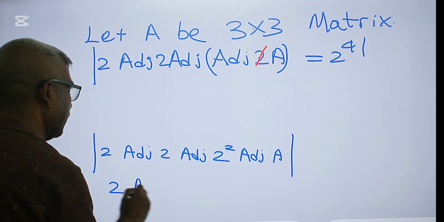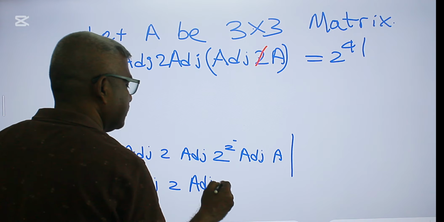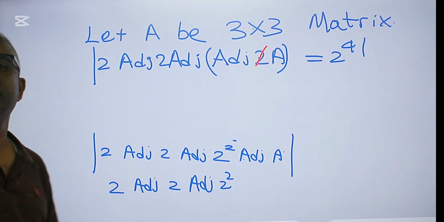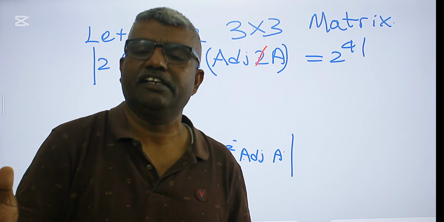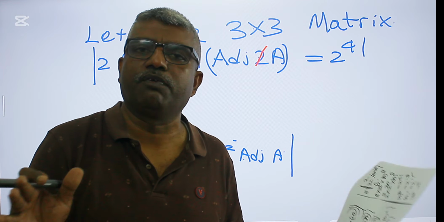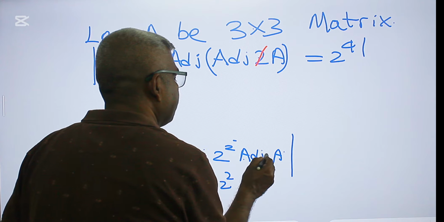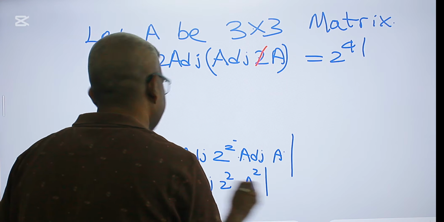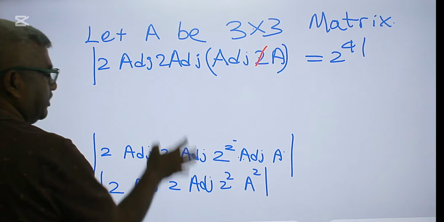So 2 square is 2 square only. This adjoint A, if you want to remove the adjoint, it will be a square. So this will be removed, and here A means it is A square. Okay, copy down until now.